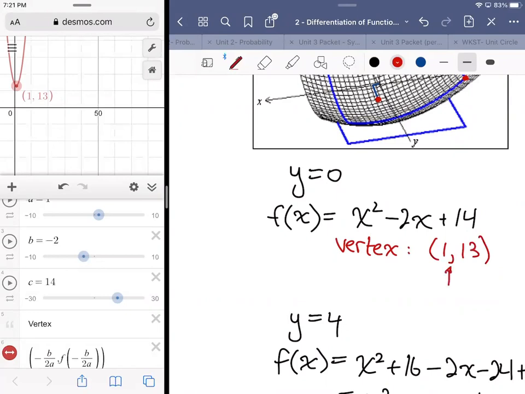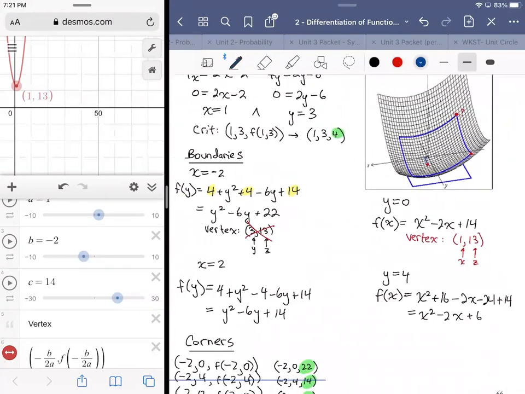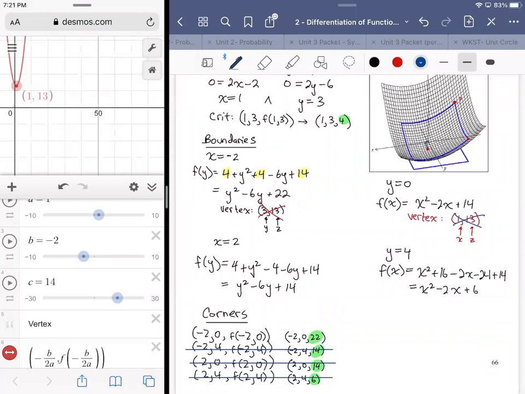That's an X against a Z. Again, 13 is not the biggest, not the smallest, so that's no good. 1, -6, 14 is what I'm looking for next.